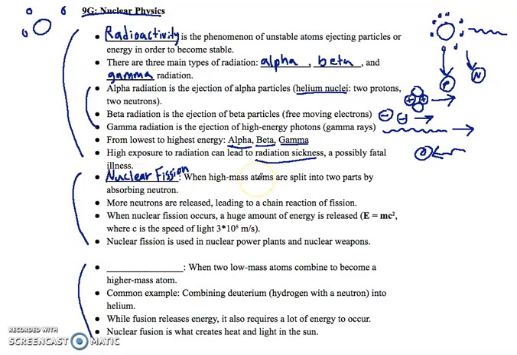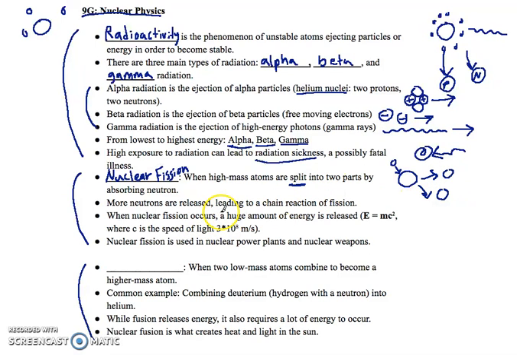And this chemical reaction is when you have high mass atoms that are split into two parts by absorbing a neutron. So basically you have an atom and you shoot a neutron at it, and that atom breaks into two pieces. That's effectively what happens with fission.